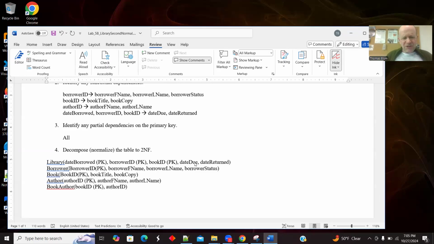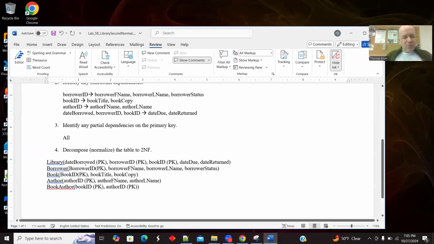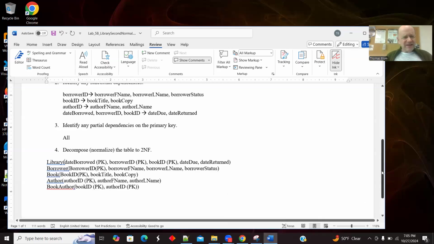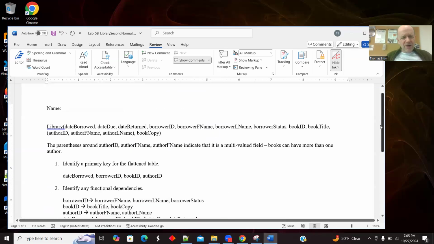When there are small bridge tables, I'll often just leave them with a composite primary key. But once it gets to be three things, I might want to introduce a library transaction ID. But this is what I wanted to show. Just another example. It takes a lot of these to get used to it.